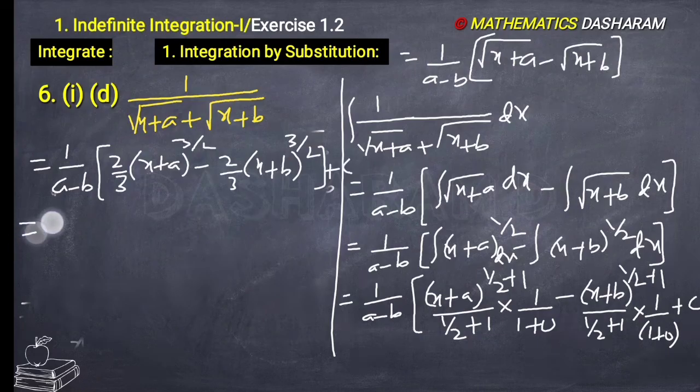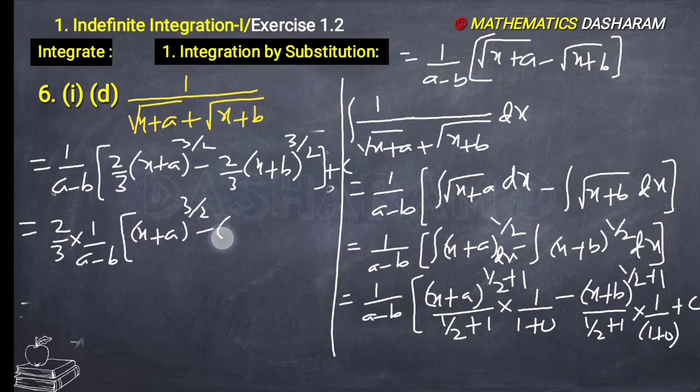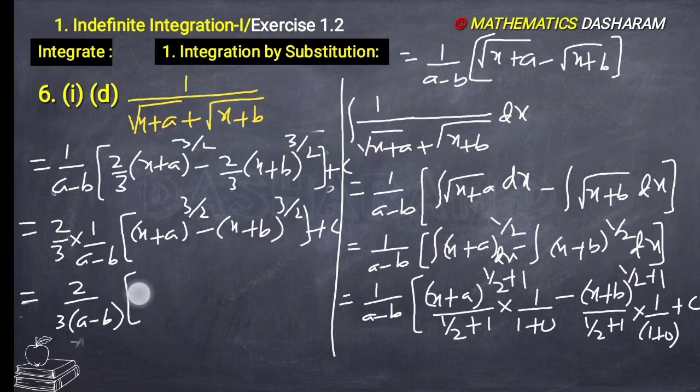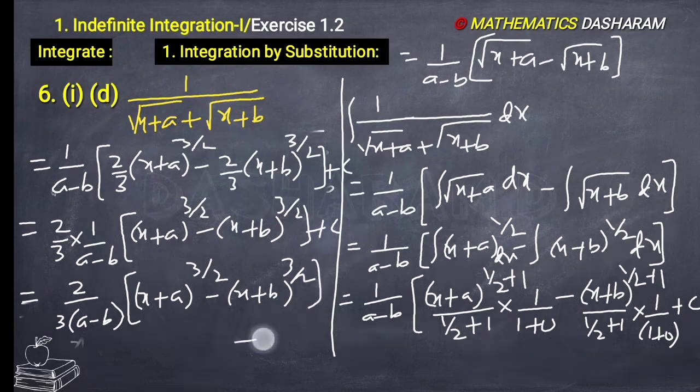So take the 2 by 3 common: 2 by 3 into 1 by a minus b into (x plus a) whole power 3 by 2 minus (x plus b) whole power 3 by 2 plus c is our required answer.